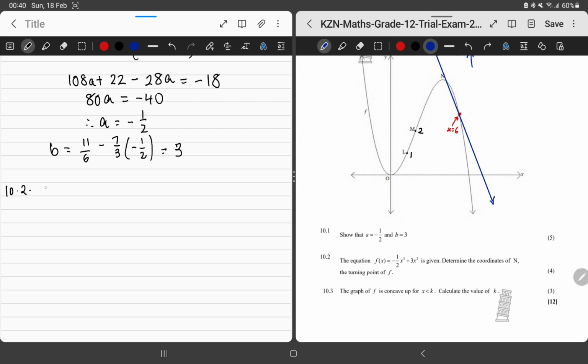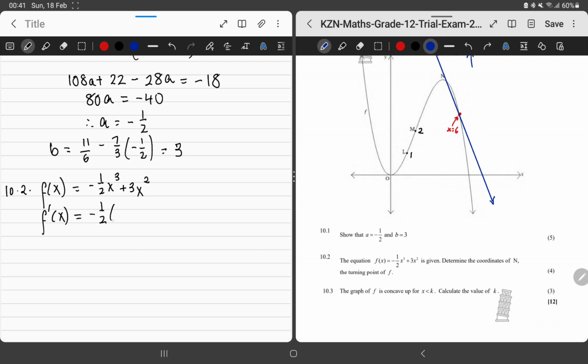10.2. f of x is equal to negative 1 over 2 x cubed plus 3x squared is given. Determine the coordinates of N, the turning point. In order to find the x coordinate of the turning point, we need to find the derivative and equate it to 0.